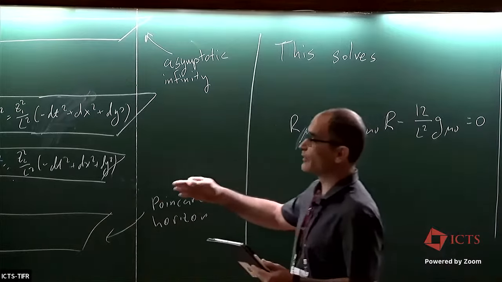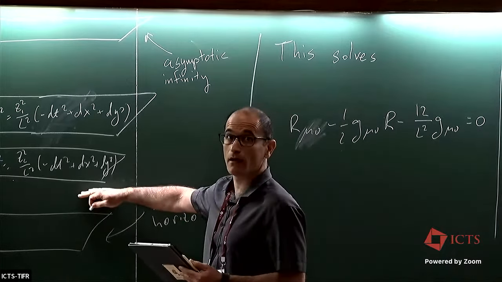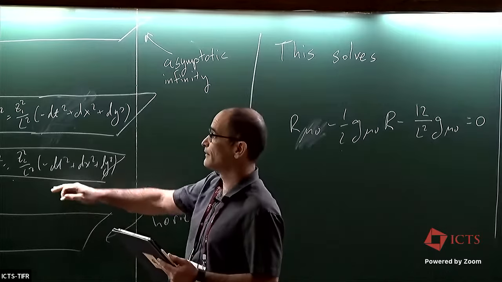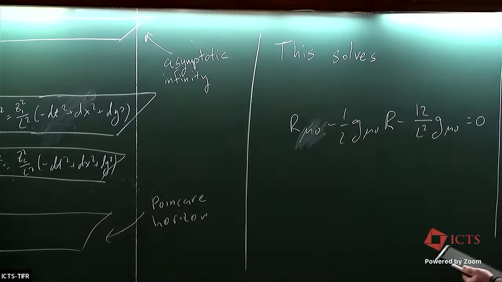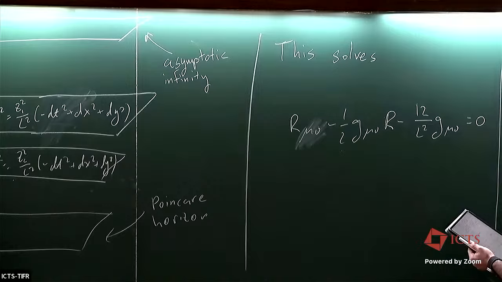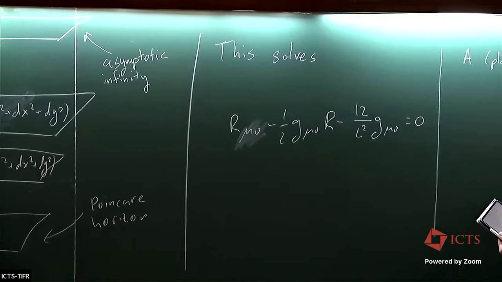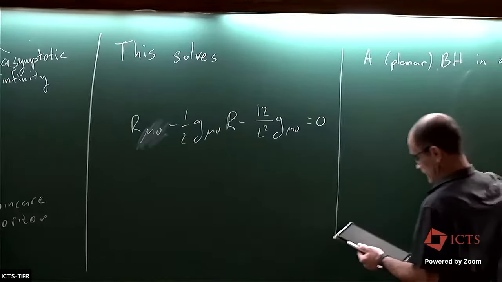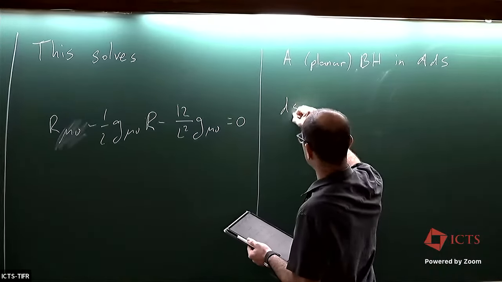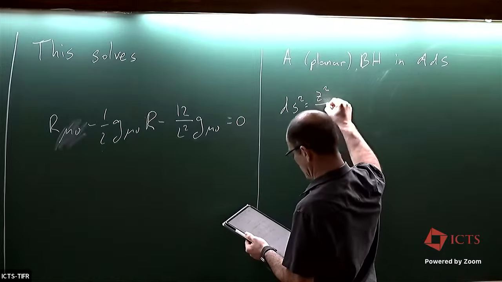Much the same way that we have black holes in flat space, we can also have black holes in anti-de Sitter space. So a planar black hole in AdS has the following line element.